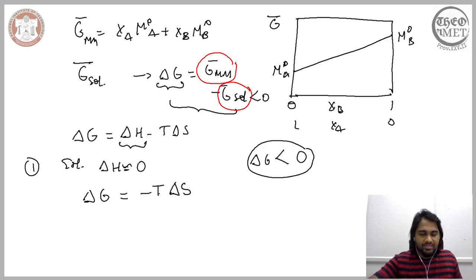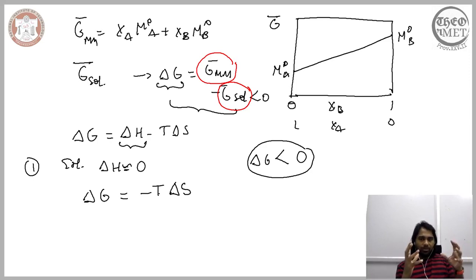So what we are considering is, we have initially identified that when we combine two components, two elements, it is possible either for it to form a mechanical mixture or a solution. Depending on which configuration it adopts, it has its corresponding free energies.